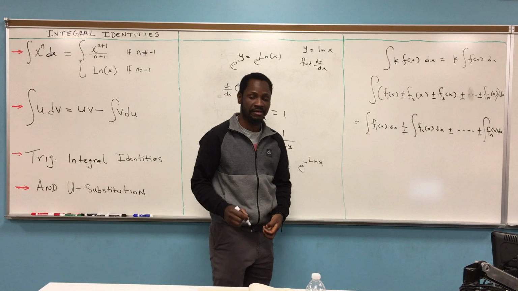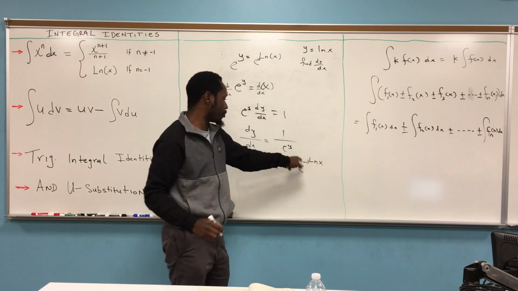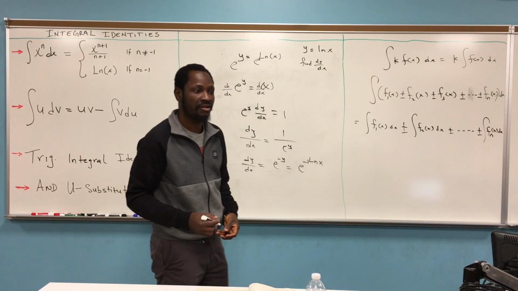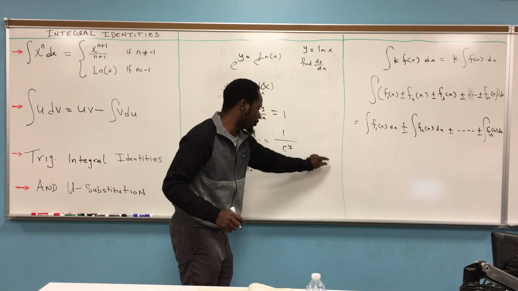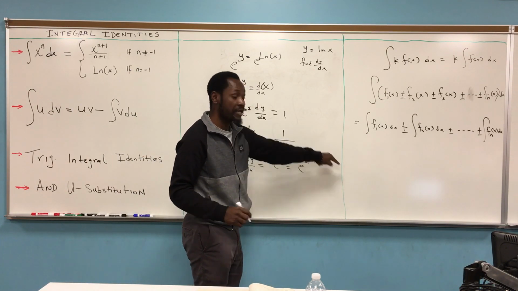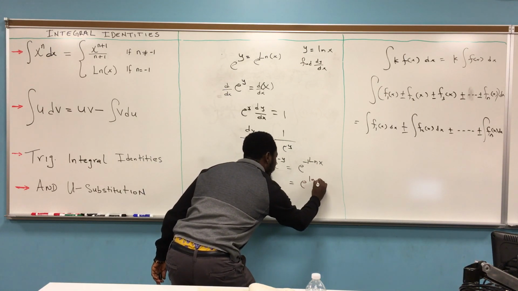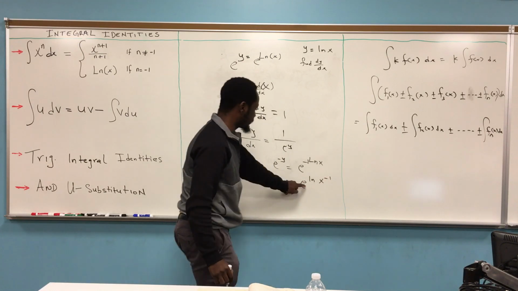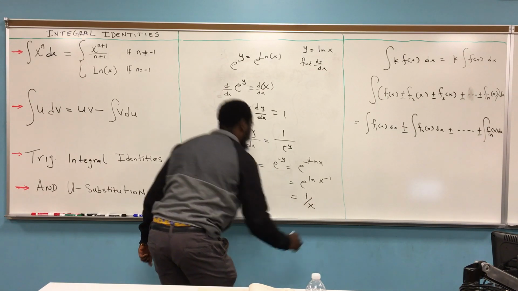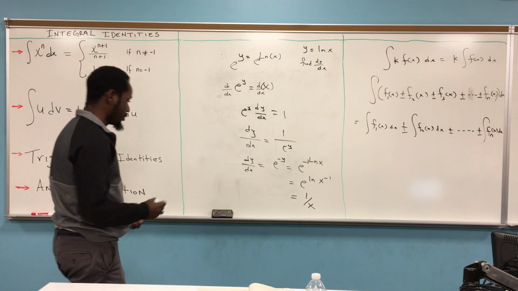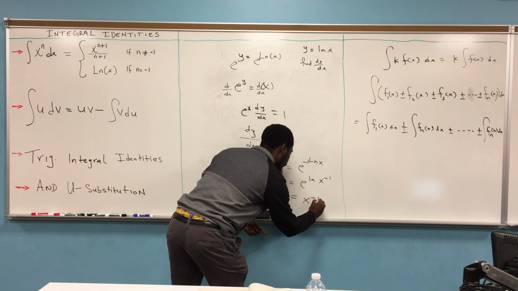Now, the law of logarithms states that if you have some coefficient multiplying the natural log of any variable or number, you can move the coefficient in as an exponent. So this becomes e to the natural log of x to the negative 1. And this cancels this. So you end up with 1 over x. Do you see that? Or I would rather write it in this form, x to the negative 1.